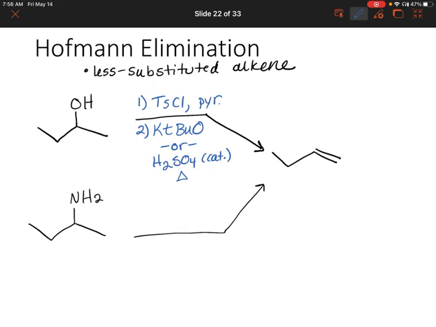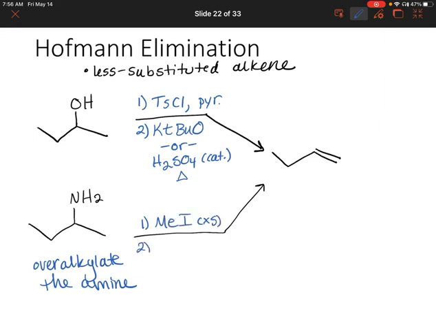Similarly, if you have an amine, you have to first convert the amine into a better leaving group. So what we're going to do is over-alkylate the amine. And we'll do that by adding excess methyl iodide. And then we'll follow that with a base to perform elimination. So let's draw the mechanism for this.